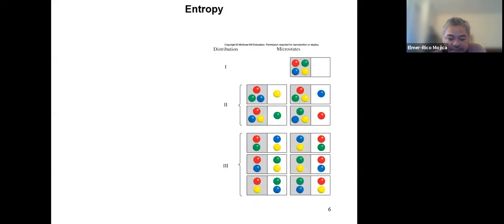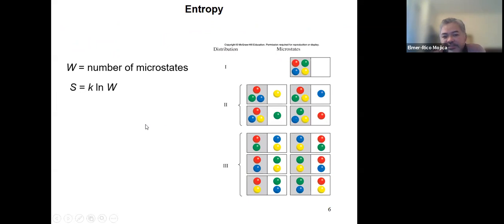So the way that they look at this entropy, there's what we call the number of microstates. So if you're going to look at the number of microstates, there's a constant times ln of W. So here you could see that the delta S, the degree of disorderliness or randomness, is higher in the final state compared to the initial state.